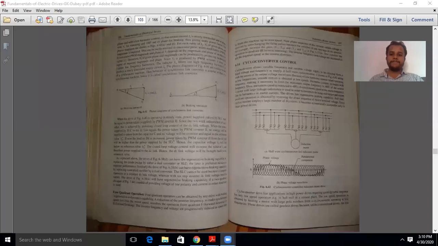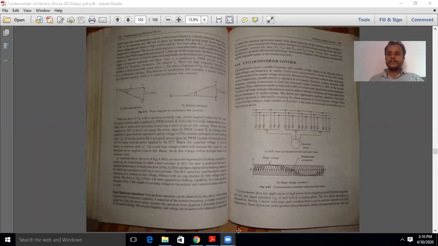In today's section, we'll discuss the cycloconverter control of induction motor and second, closed loop control of induction motor. Again, I'm going to share some of the documents, which mainly give the information over today's topics.